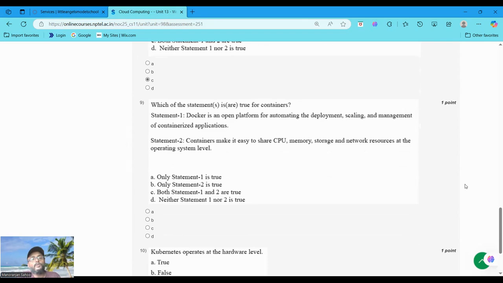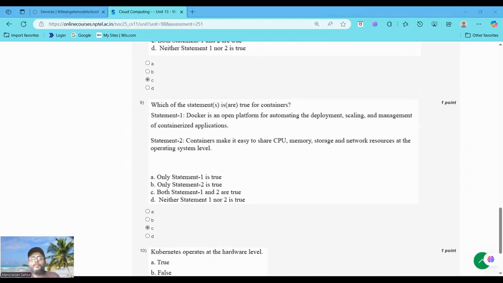Which of the statements are true for containers? Statement 1: Docker is an open platform for automating deployment, scaling and management of containerized applications. Statement 2: Containers make it easy to share CPU, memory, storage and network resources at the operating system level. So for question 9 you can choose option C, both statements 1 and 2.